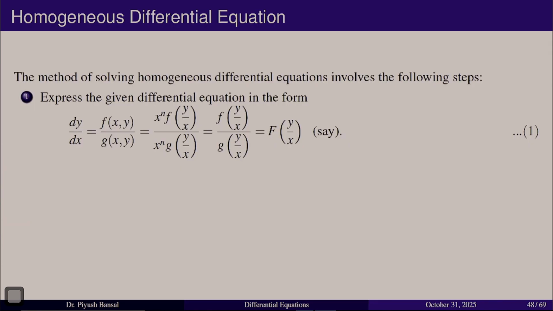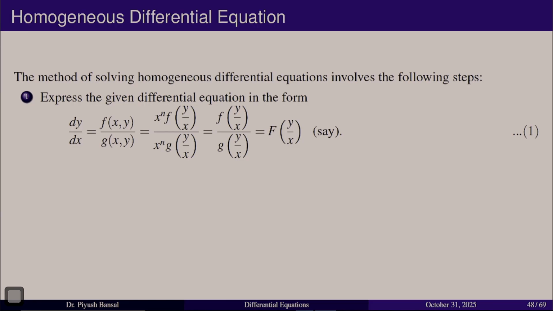Now, these are the steps involved to solve homogeneous differential equations. First, express the homogeneous differential equation in the form dy/dx = f(y/x) by multiplying and dividing numerator and denominator both by x^n, where n is the degree of the homogeneous functions f and g.